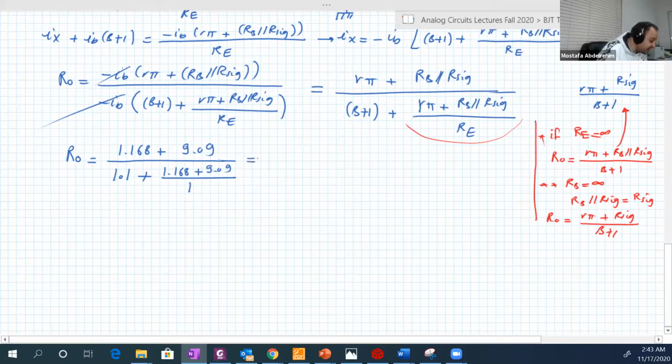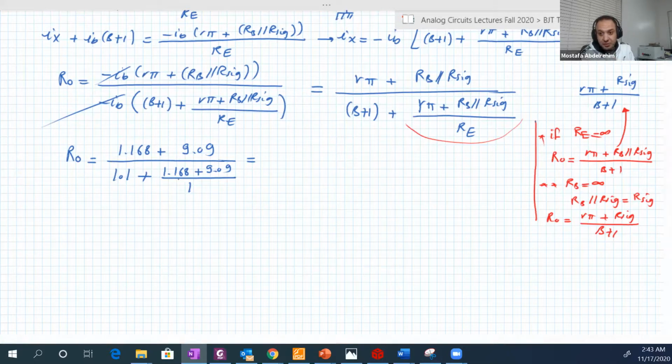So it's basically around 10 in the numerator, divided by 101 plus 10 again. Oh, sorry, 111 or 110. So it's approximately 10 or something.